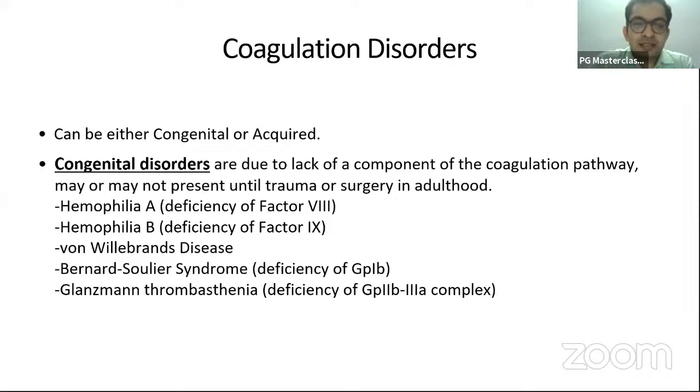Bernard-Soulier does not let the platelets bind to the endothelial receptors, whereas Glanzmann's thrombasthenia prevents the aggregation of the platelets to each other. All of these may present according to the varied quantitative levels in the body.